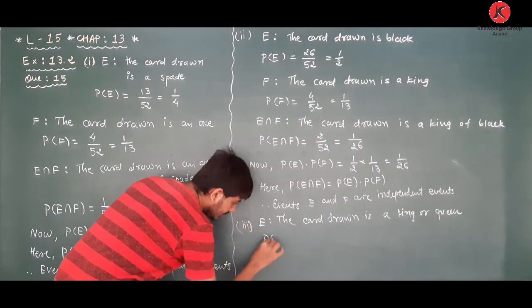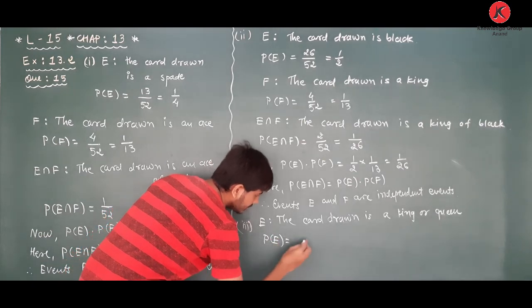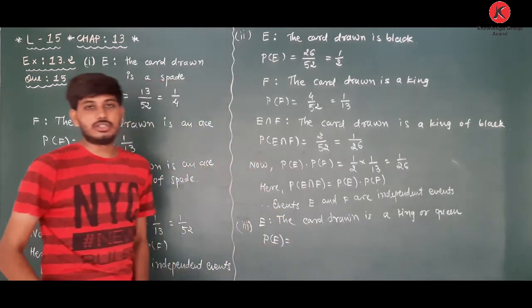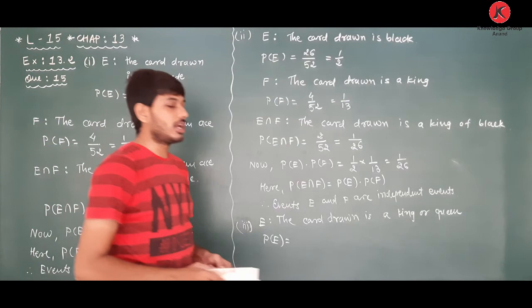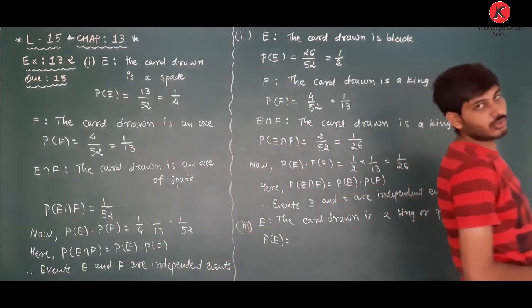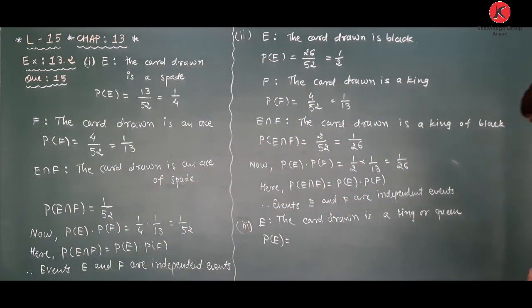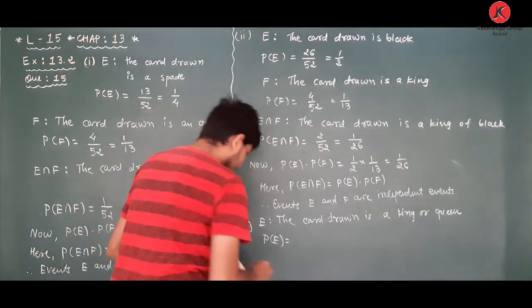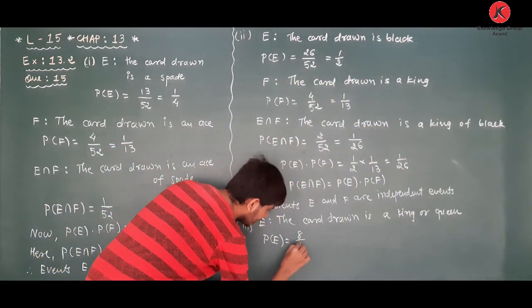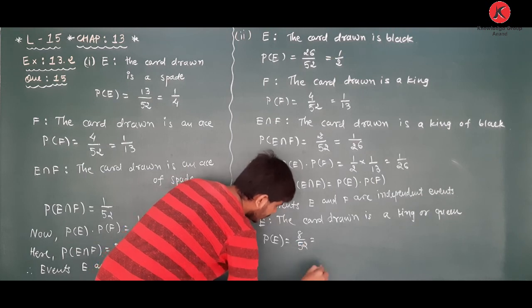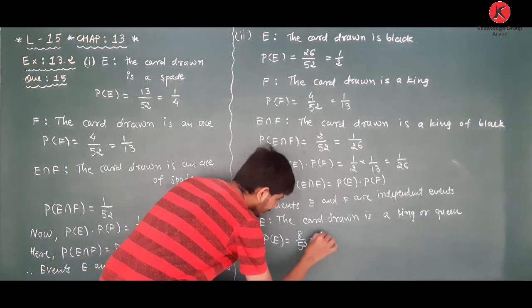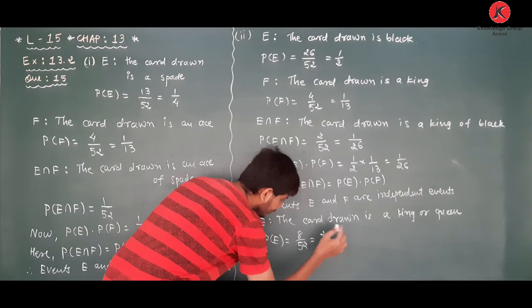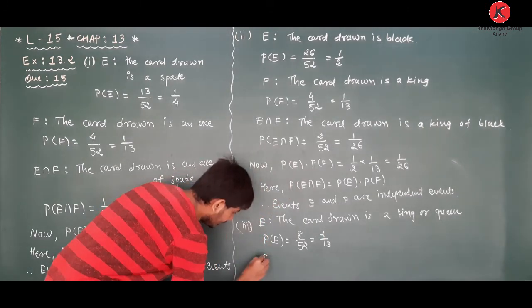The probability of event E, queen or king. Total kings 4 or queens 4, it's total 8 cards. 8 by 52 is the probability of this event. You are getting the answer 2 by 13 for this event E.